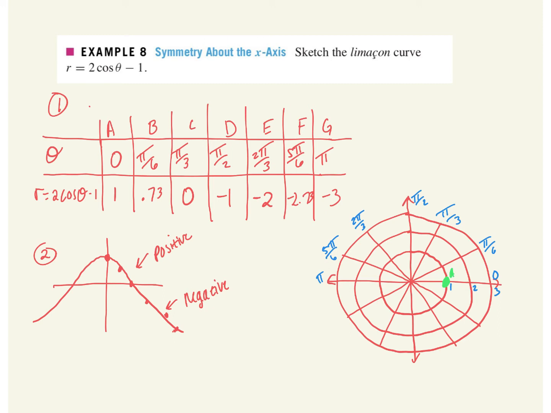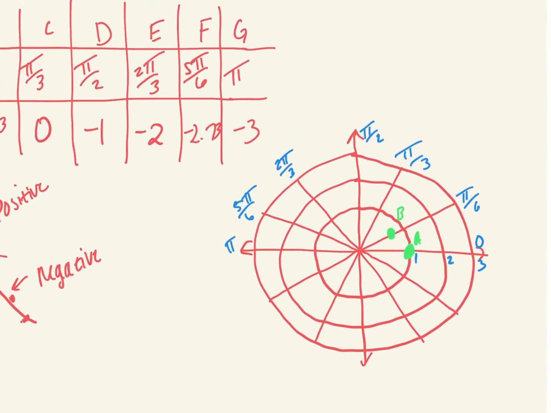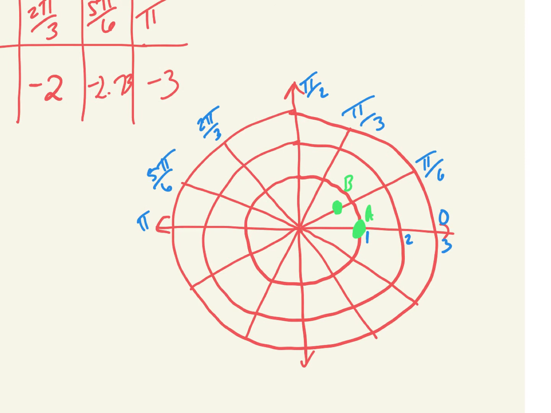Point B is at pi over 6, comma 0.73. About there. Actually, I can zoom in because I've got my table here. Pi over 3 is at 0. So that's point C.